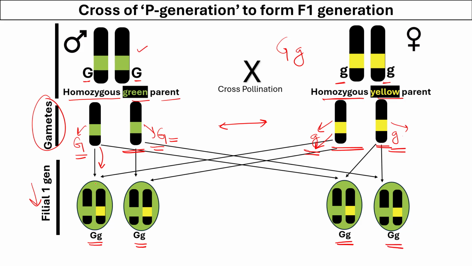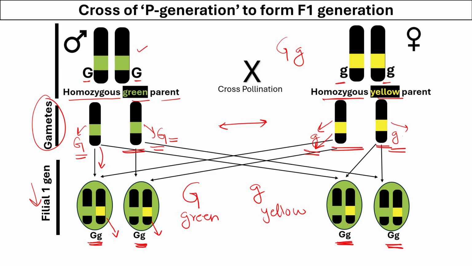So in every combination, a capital G is combining with a small g. And we know that capital G representing green color is dominant over small g representing yellow color. So the color that you finally see is the green color.